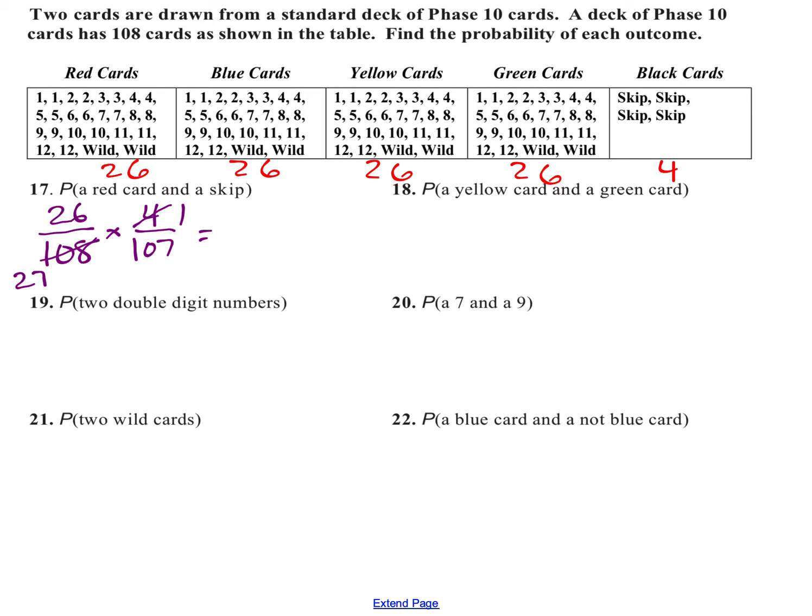So on the top we get 26, and on the bottom 27 times 107 is 2889. Let's see if this reduces.